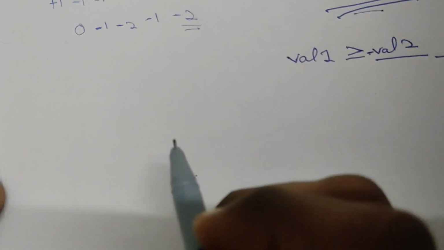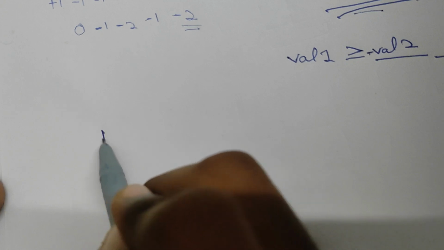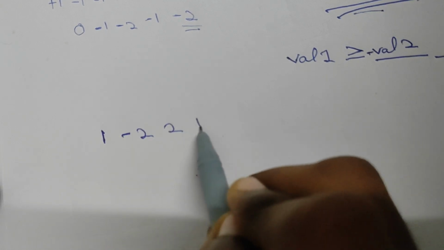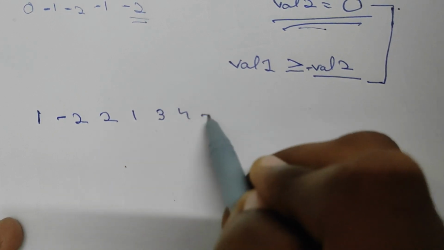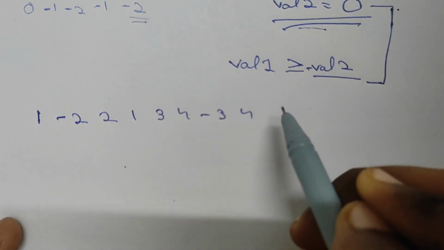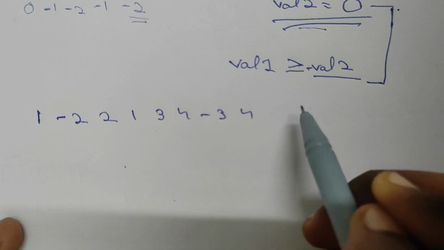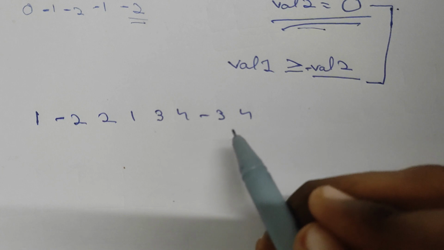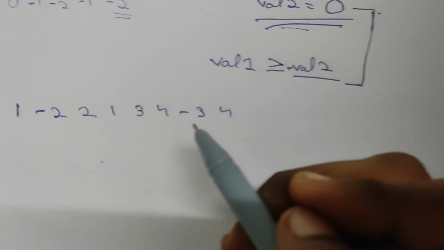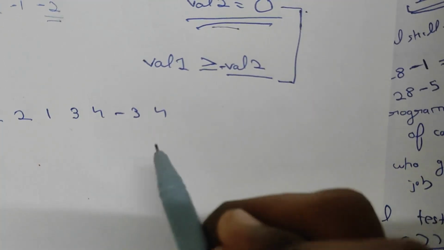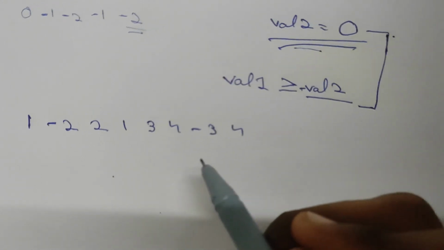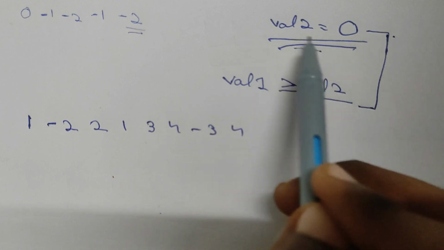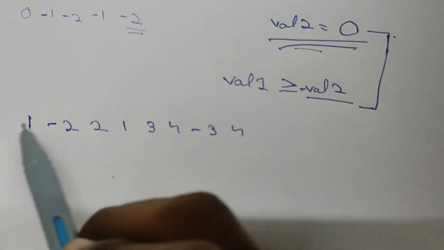So suppose the values that we have are 1, minus 2, 2, 1, 3, 4, minus 3, 4. Suppose this is an array. Why have I chosen this array? To explain how to count the number of substrings with the value equal to 0.